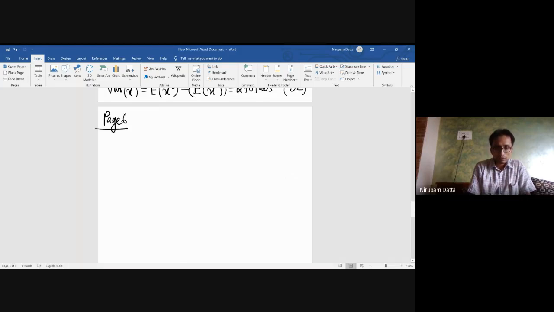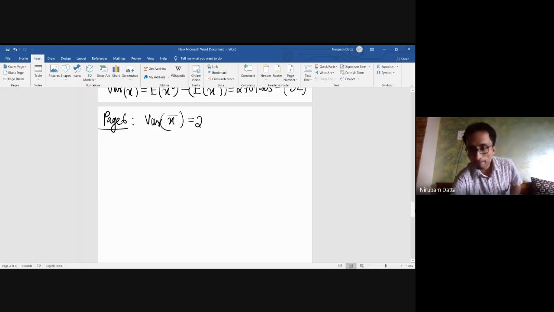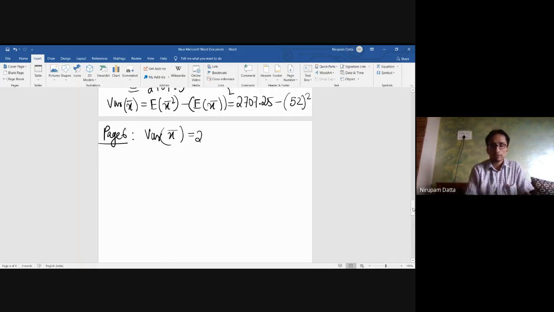Page 6. So variance of X bar is nothing but 2707.25 minus 52 square.